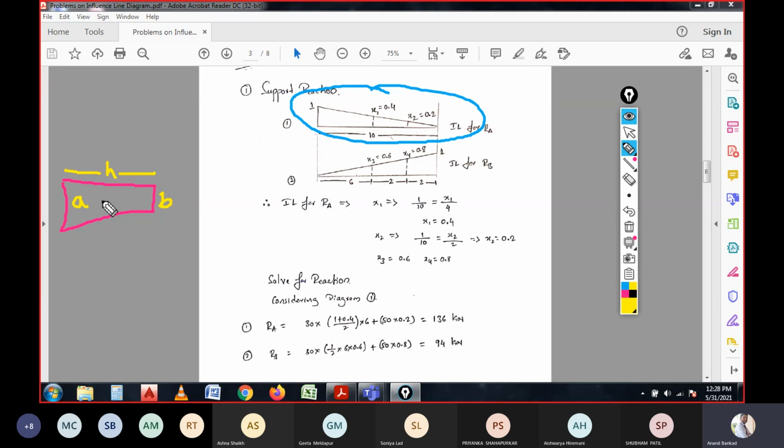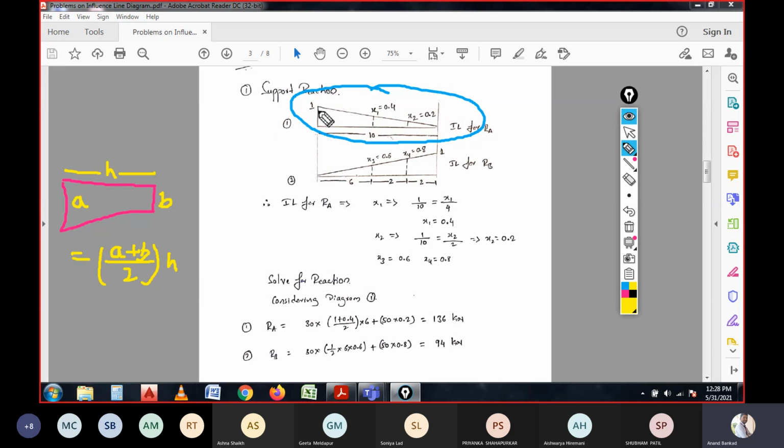So for the area of this trapezoid, we could write A plus B divided by 2, multiplied by the total height. That is what we have written over here.